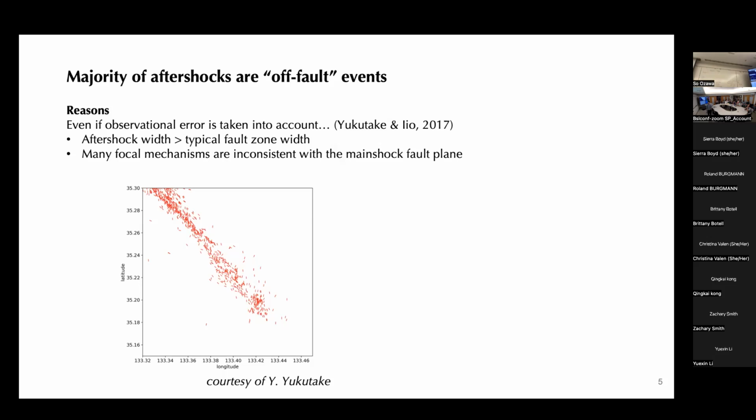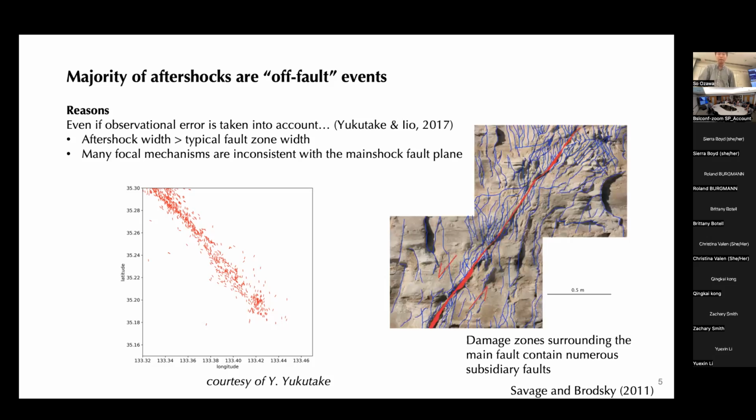They are diverse, and it's difficult to think all of these events are happening on the same plane, even if the non-planar structure of the fault is considered properly. This off-fault aftershock idea is also consistent with geology, because if you look at the outcrop of fault traces, there is a single main fault that has a lot of slip, but there are numerous subsidiary faults surrounding the main fault, which is called the damage zone.